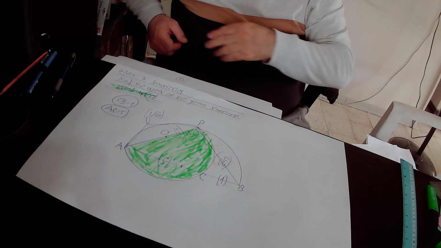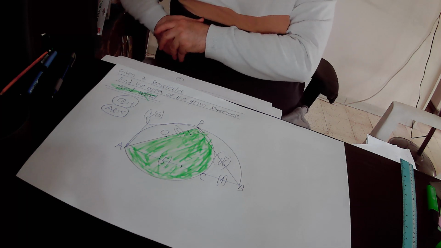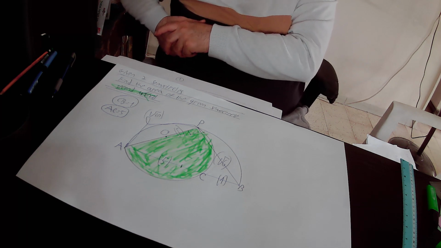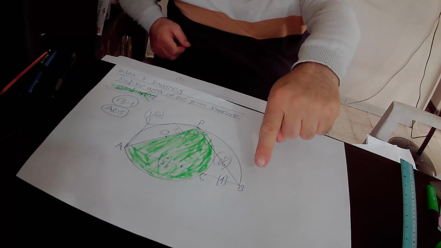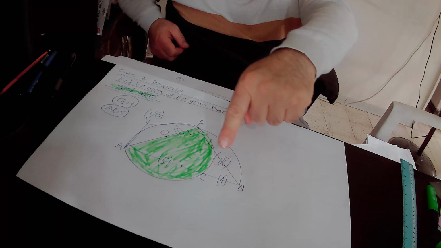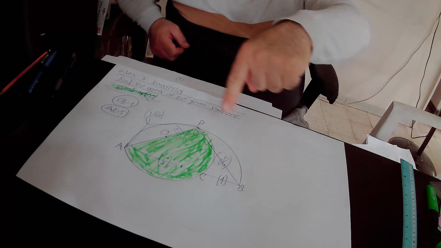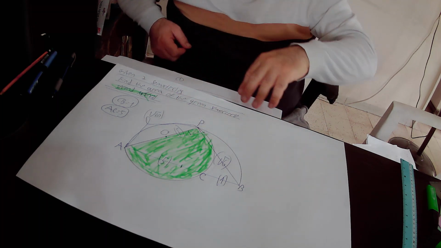So all the requirements of rule 10 are satisfied, and therefore we can implement rule 10. According to rule 10, the following equation will be true: BP square equals BC times BA. Again, BP square equals BC times BA.